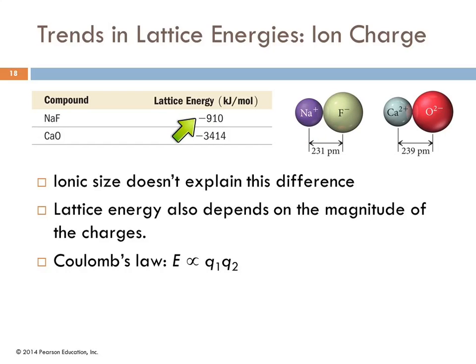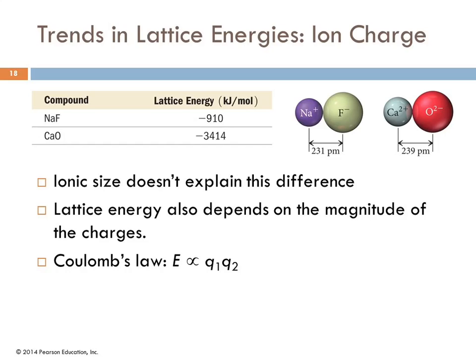And so we see the lattice energy of the one with the higher charge is greater, because Coulomb's law also tells us that the energy is proportional to the product of the charges. So here Q1 is 2 and Q2 is 2. Here Q1 is 1 and Q2 is 1.